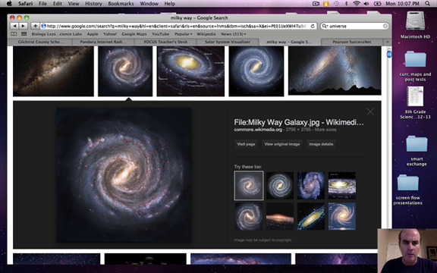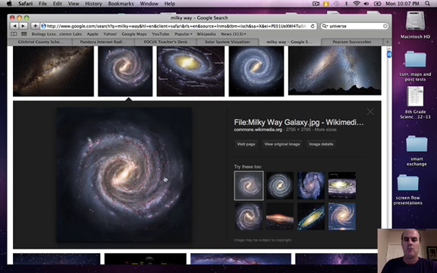I'm not 100% on this, but I couldn't even point to a dot on this image and say that's our sun. Okay, so this just shows you that there's billions of stars in this one Milky Way galaxy, and there's many, many billions of galaxies in this vast area of space that we call the universe.